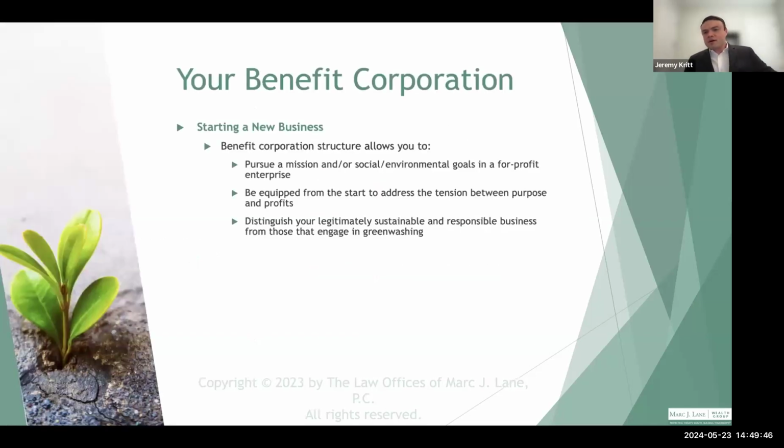So going back to the beginning, to that poll question we started off with: having gone through all these unique features and requirements, what does the benefit corporation mean for you? And what are some potential advantages that you could get from starting or using the benefit corporation form?